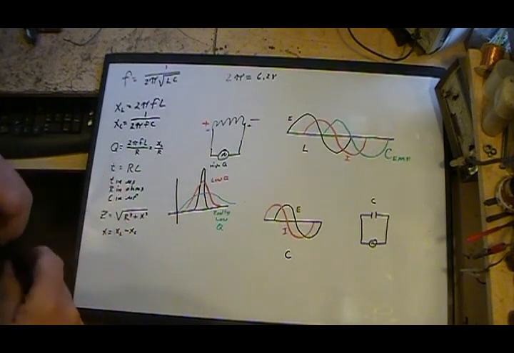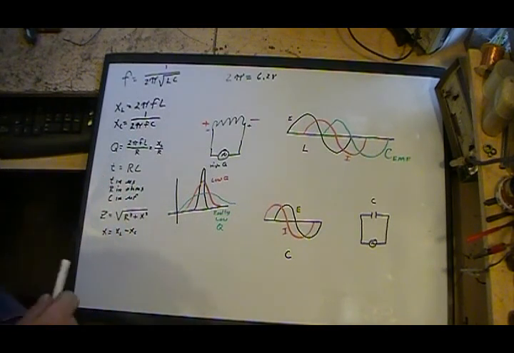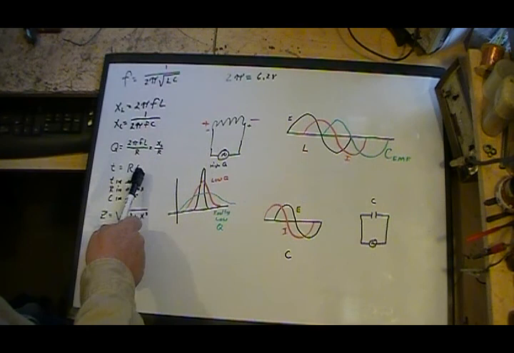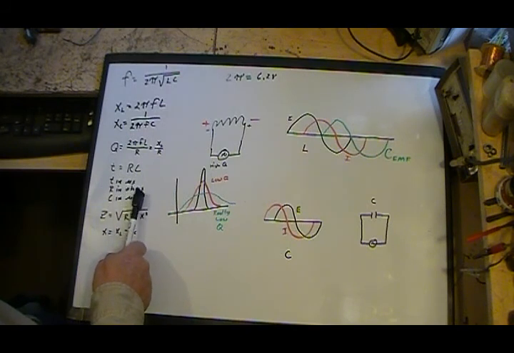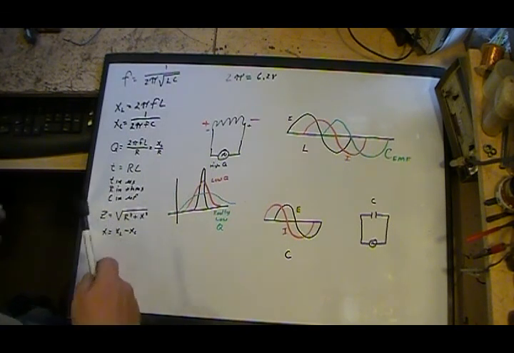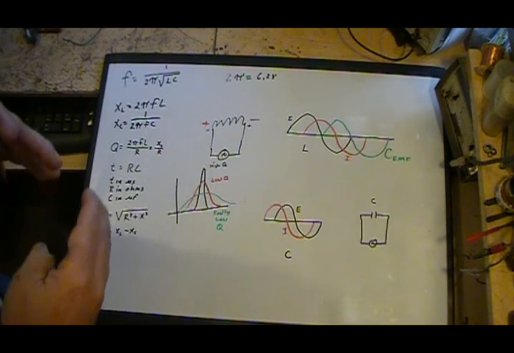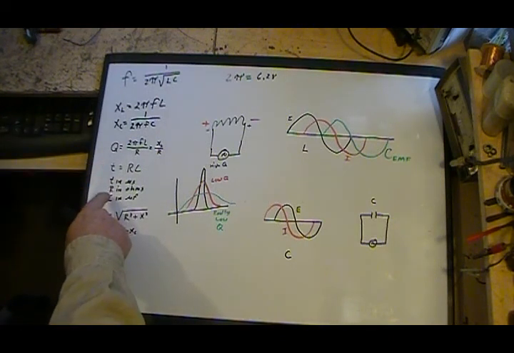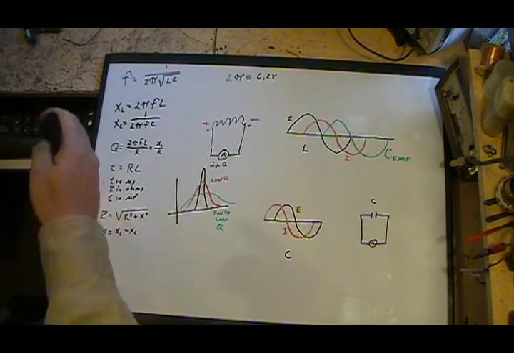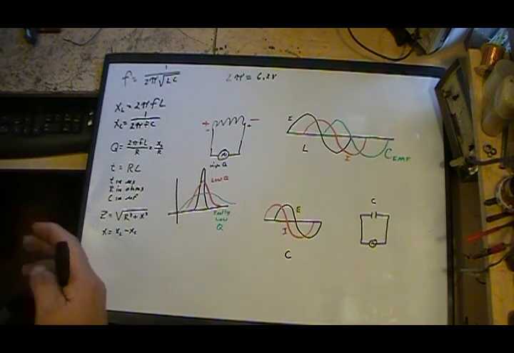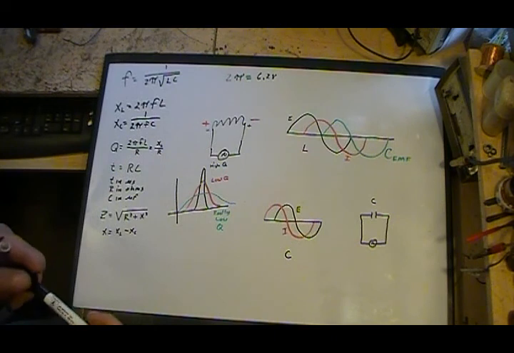Sizes start becoming very important in these circuits. T equals RC, it's just the resistance times the capacitance. If T is in microseconds, resistance will be in ohms and capacitance in microfarads. So you just multiply the resistance in ohms times the capacitance in microfarads, and you'll get the time constant in microseconds.